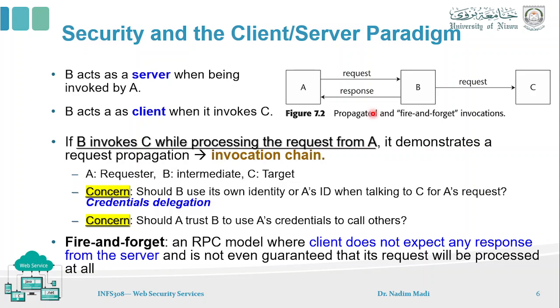Here we can use the term delegation. So A has to delegate its credentials, or part of its attributes, to B, so that B can talk to C on behalf of A. That's a concern. We call this credentials delegation. You need to remember the word delegation, because we are going to talk about it a lot in the coming slides.